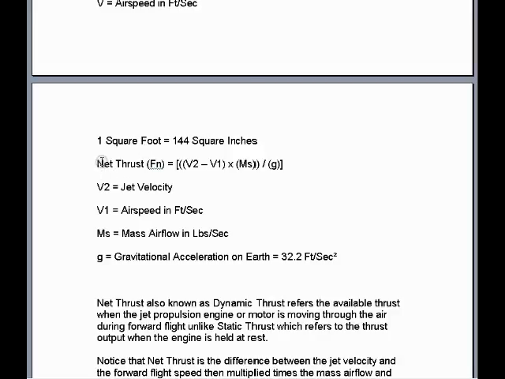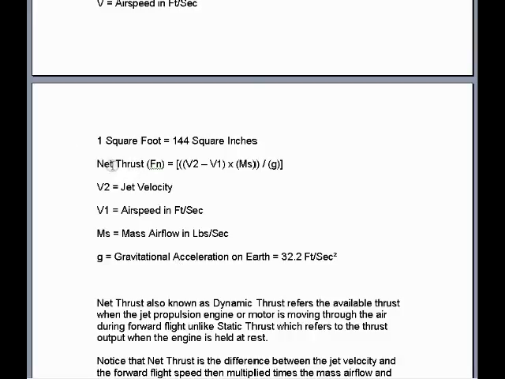So net thrust or dynamic thrust is equal to the difference between the jet velocity and the forward flight speed in feet per second. Whatever the difference is, then multiply times mass airflow in pounds per second, and then this entire calculation divided by gravitational acceleration on Earth, 32.2 feet per second squared. So that's the dynamic thrust or the net thrust.